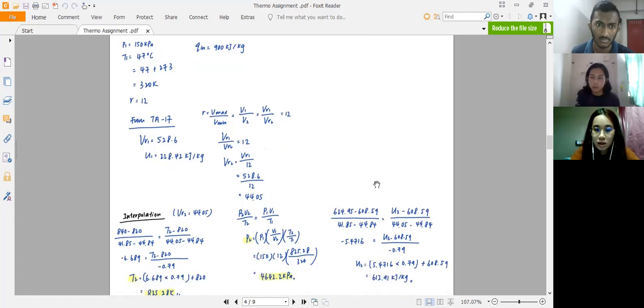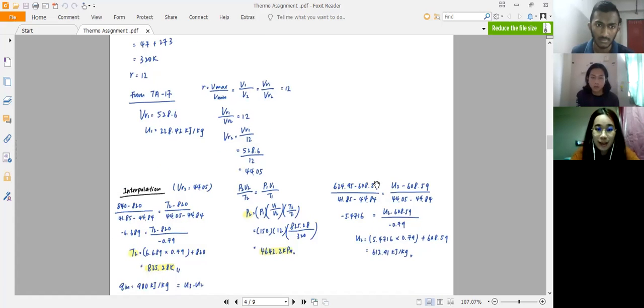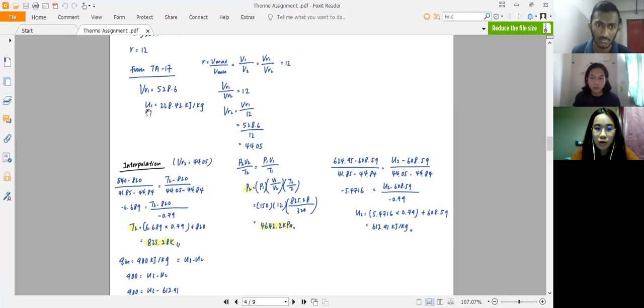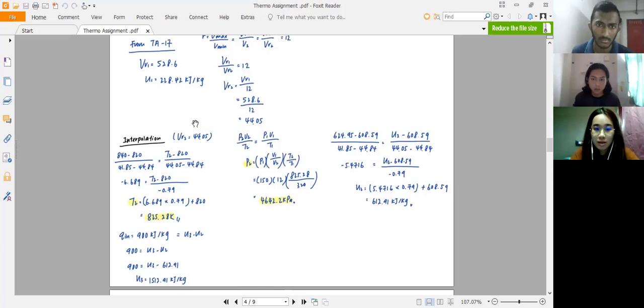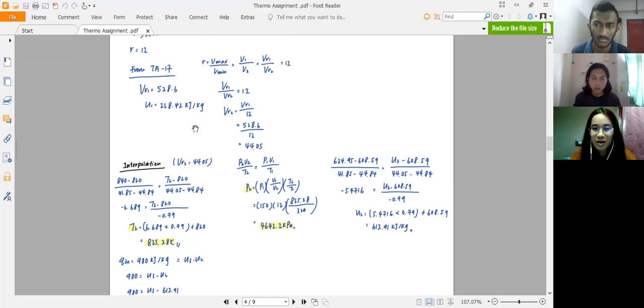Since it's an air standard assumption, we need to obtain the value from the table. So from table A-17, we obtain that the vr1 is equal to 528.6 and the u1 is equal to 228.42 kilojoule per kilogram. And then we know that the compression ratio is equal to Vmax over Vmin, which is V1 over V2.